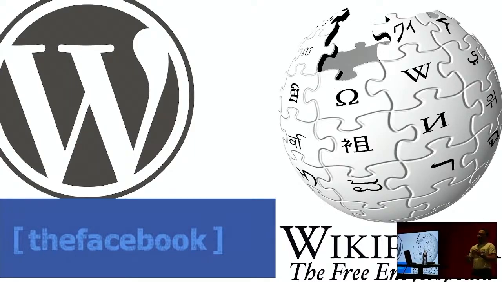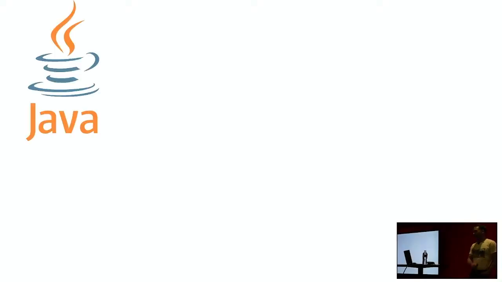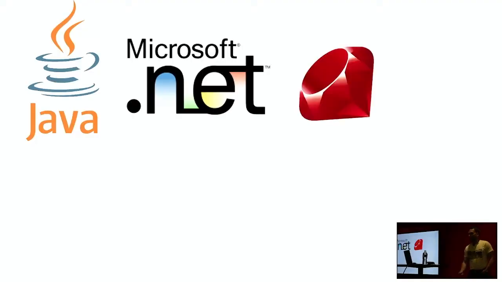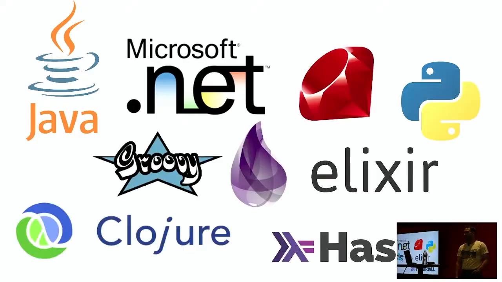So at that time, people started to realize, well, there might be something about that whole internet thing. And software developers started thinking about software in the context of the web. So what they wanted to do is use the languages of their choice, such as Java, or Microsoft .NET, or Ruby, or Python, or Groovy, Haskell, Elixir, or Clojure.